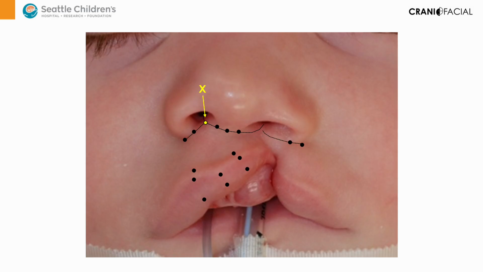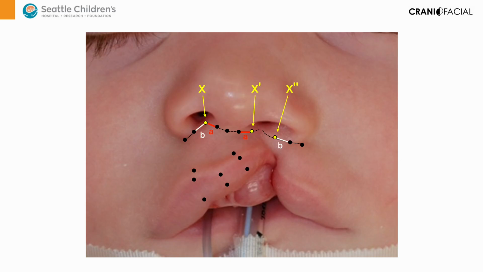Where those two creases intersect is what we call the intersection point X. And that's helpful because we can measure off the pre-existing landmarks to identify the corresponding landmarks on the cleft side. So these are equidistant to the landmarks along the nasolabial crease on the medial side.